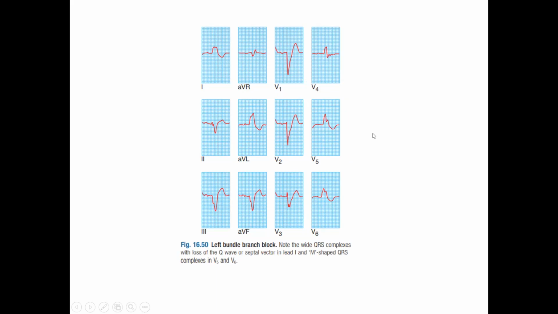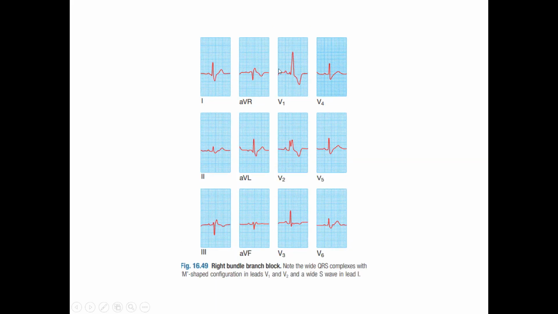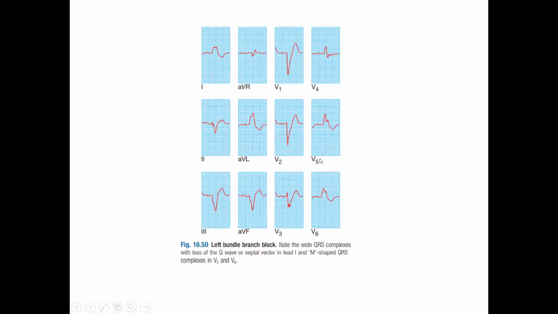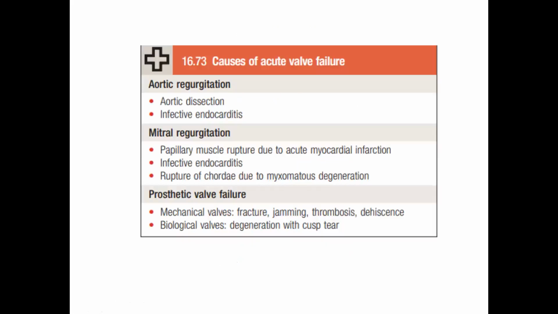So in right bundle branch block there is an M-shaped QRS complex in V1 and V2, but in left bundle branch block there is an M-shaped pattern in V5 and V6. So you remember this.